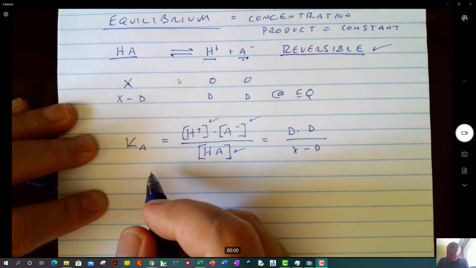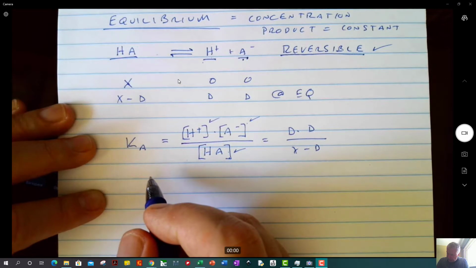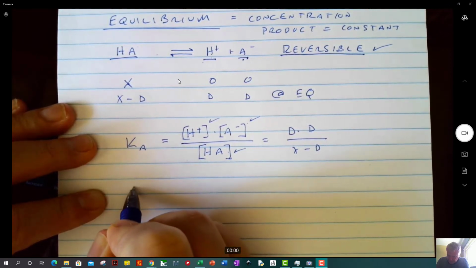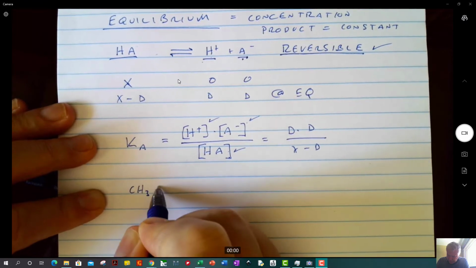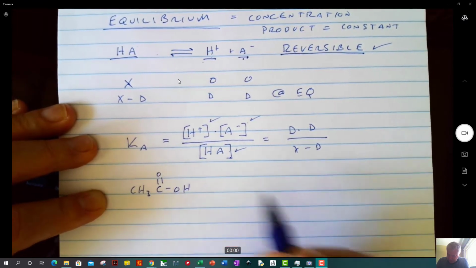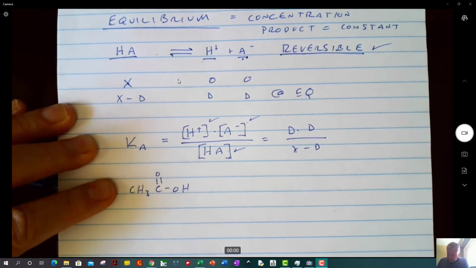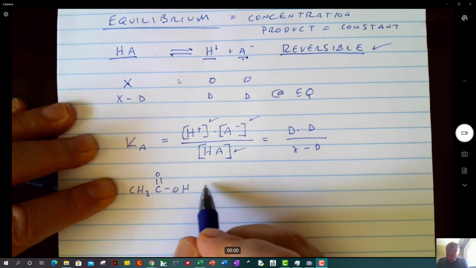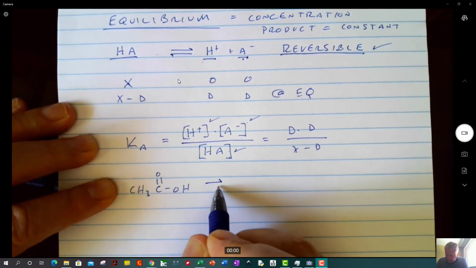So you could take, for example, the weak acid acetic acid, CH3COOH. There's a simple carboxylic acid, right? And that's going to dissociate in water.